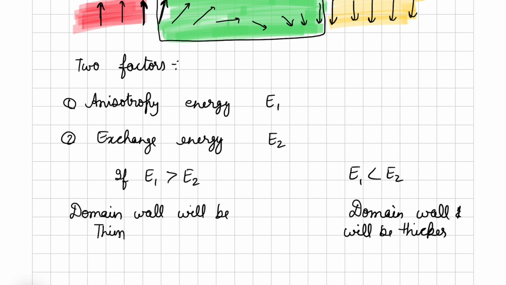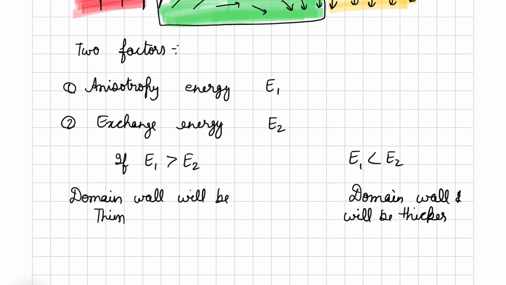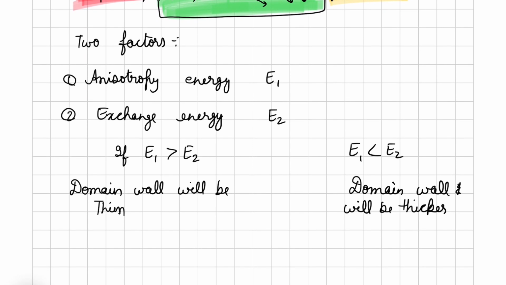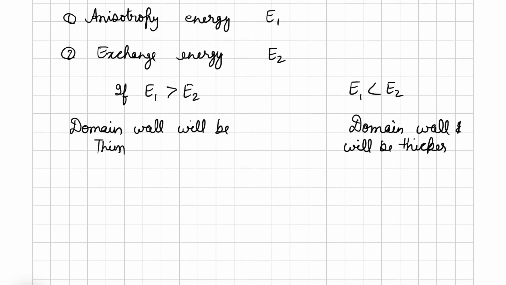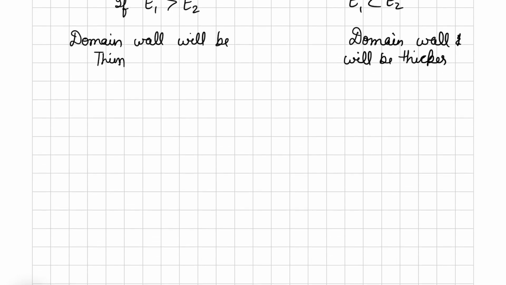Okay, so that's why when I was explaining the anisotropy energy, I told you that we are going to use it later in the domain wall section. Apart from that, these are the two important factors. There are other factors as well, which I'm not going into detail, the demagnetization part and all. But these two are really the deciding ones if we ignore the other ones.